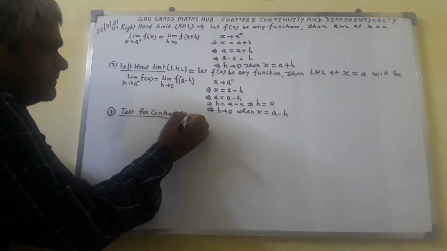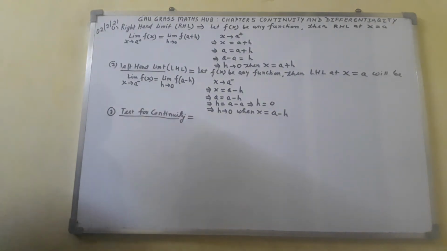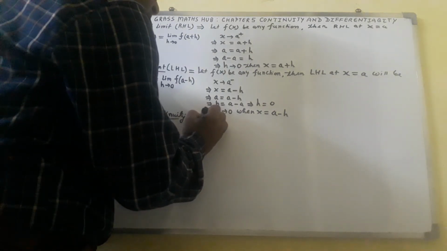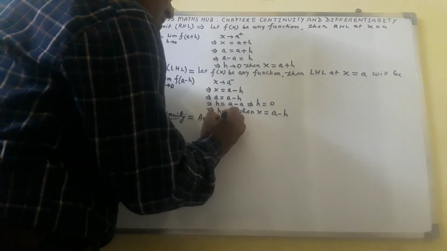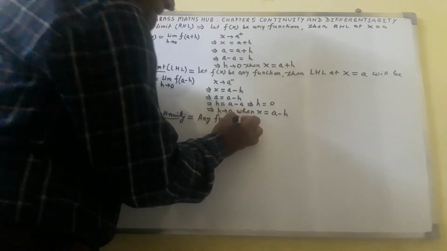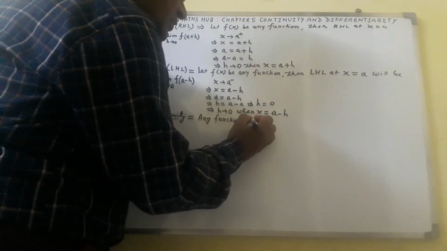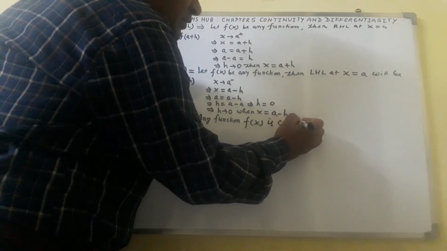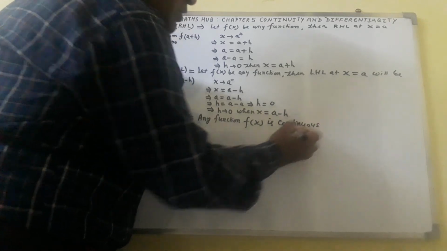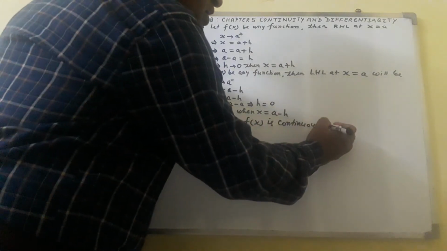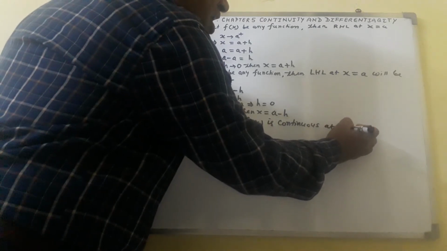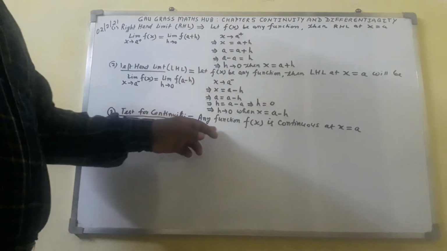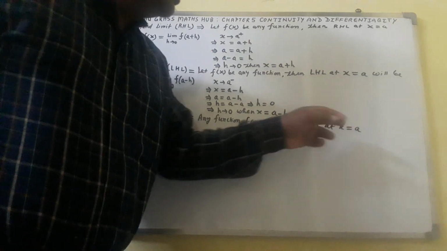Test for continuity is equal to: any function f of x is continuous at x equal to a.